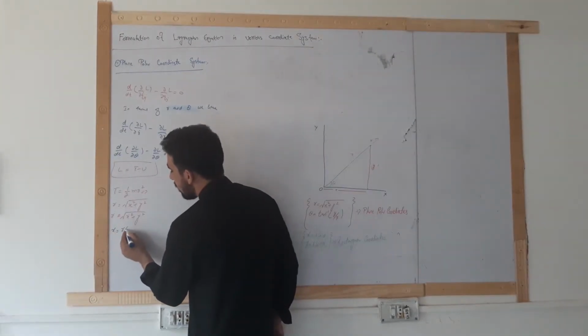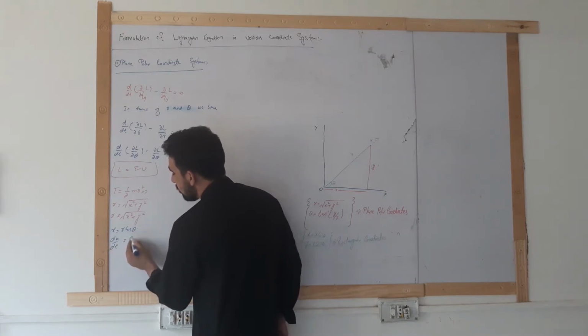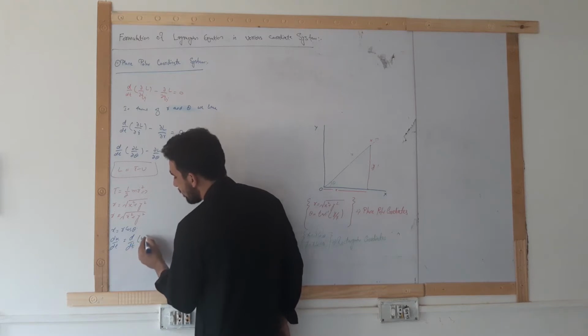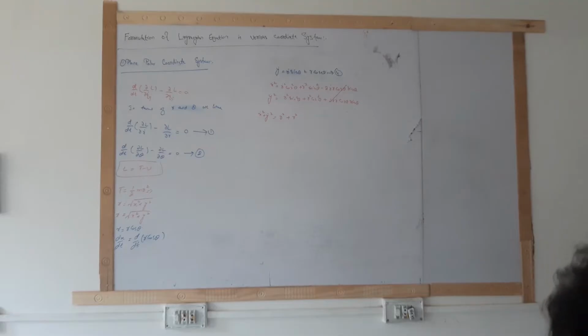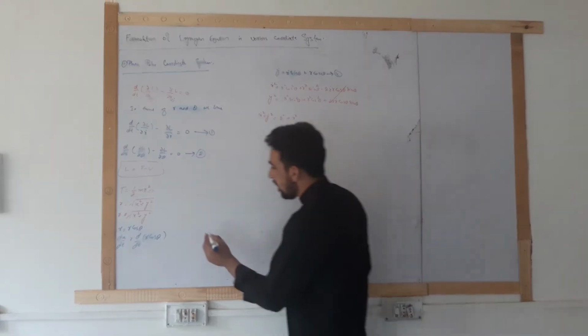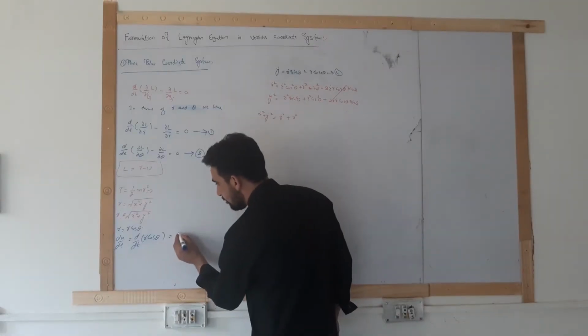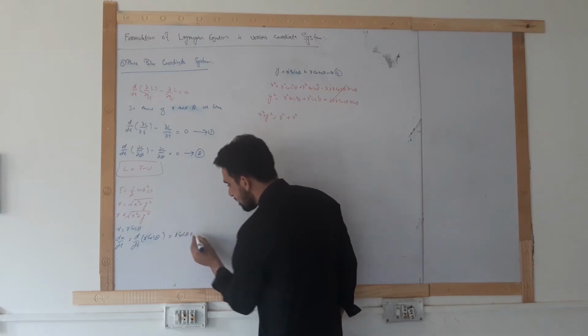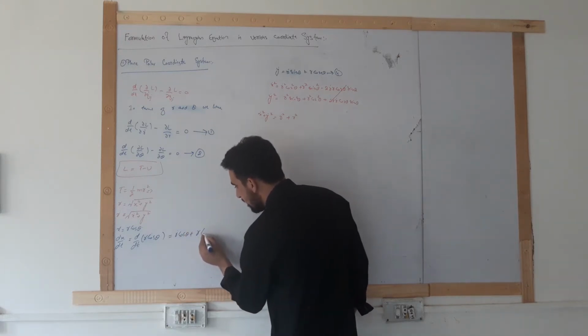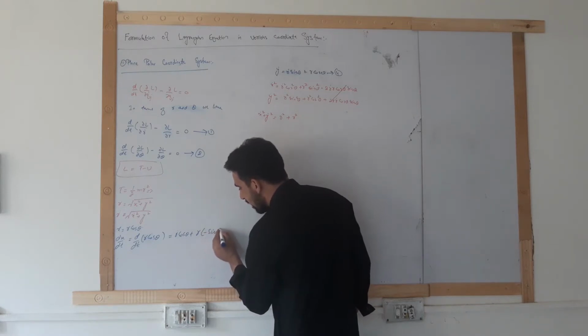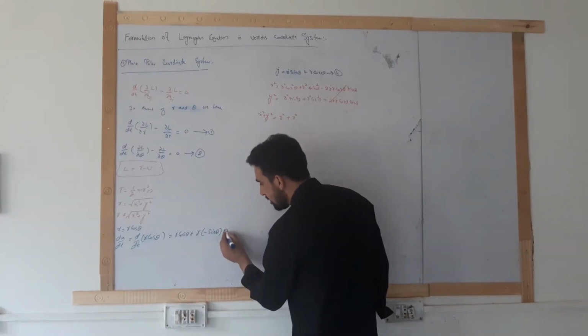Since we know x is equal to r cosine theta, dx by dt is equal to d by dt of r cos theta. By applying the product rule, this is r dot cosine theta plus r times the derivative of cosine, which is minus sine theta, and again the derivative of theta is theta dot.